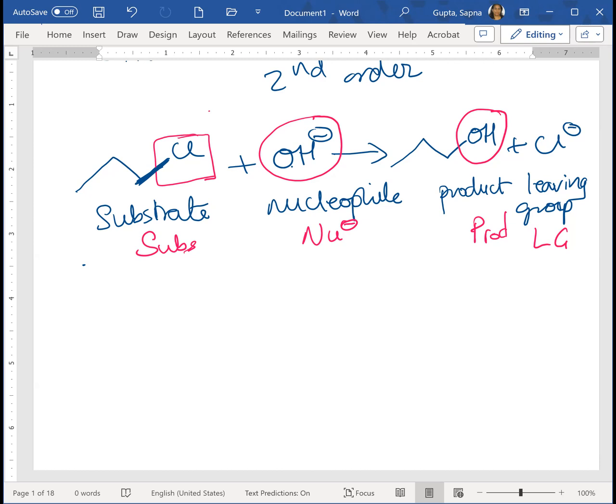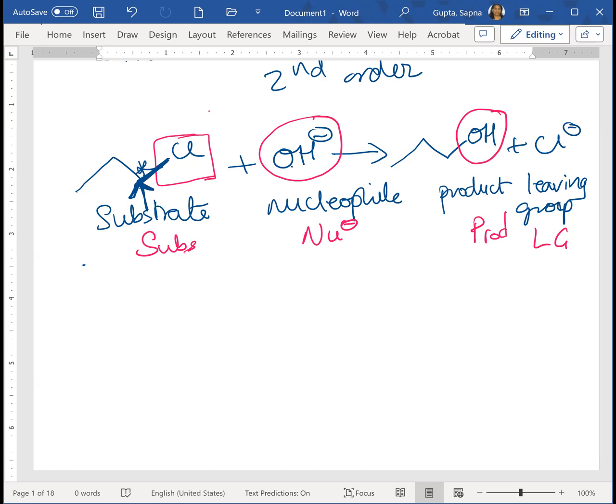Or how is it that the hydroxide will come and change from chlorine to hydroxide on this carbon? So this is a question. Is Cl leaving first, or is hydroxide attacking first? What is going on in this mechanism? That is why we call this a mechanism, where you have to study how the reaction works.